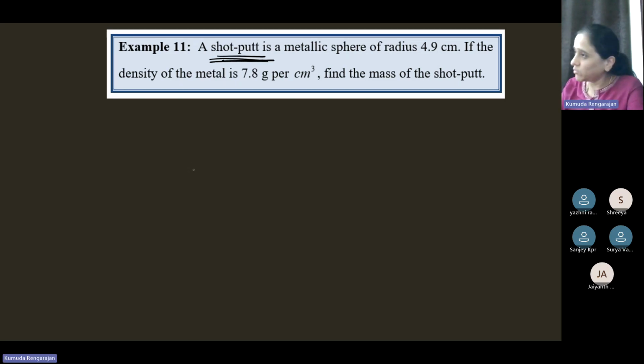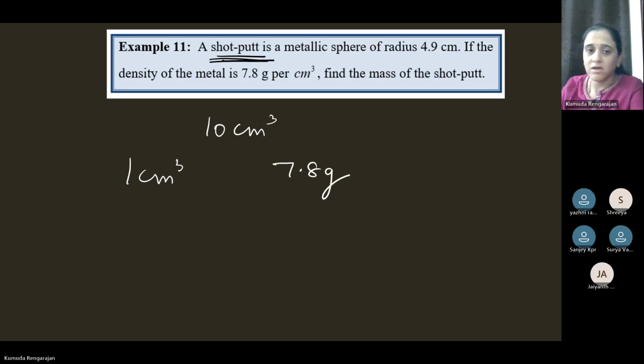So clearly you'll have to find the volume of the shot put. Say the volume, from 4 by 3 pi r cubed, comes to some 10 centimeter cubed. Now how do you find the mass? 1 centimeter cubed has a mass of 7.8 grams, so 10 centimeter cubed will have a mass of 10 into 7.8.